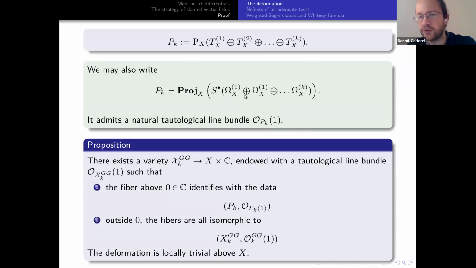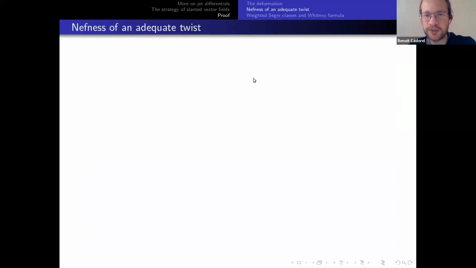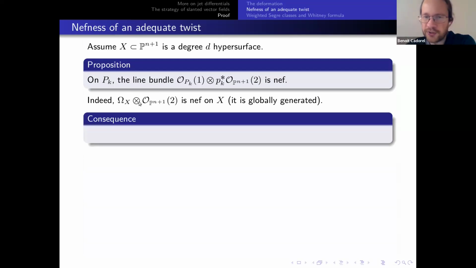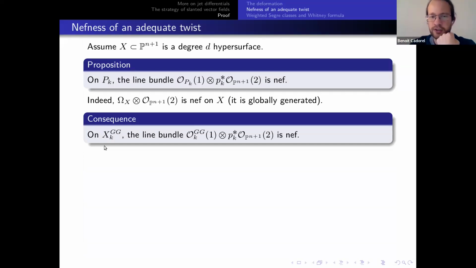And so you show that all the bundles that appear on these twists are nef, and it gives you the required nefness, and everything boils down to using that fact actually. So it's very easy. And as a consequence, since you have a nef line bundle on the central fiber, you have these semi-continuity properties for nefness with respect to the very general topology, which tells you that outside of the central fibers, you have at least one point where this is also nef, and you also get the nefness, but this time on X_k^GG.